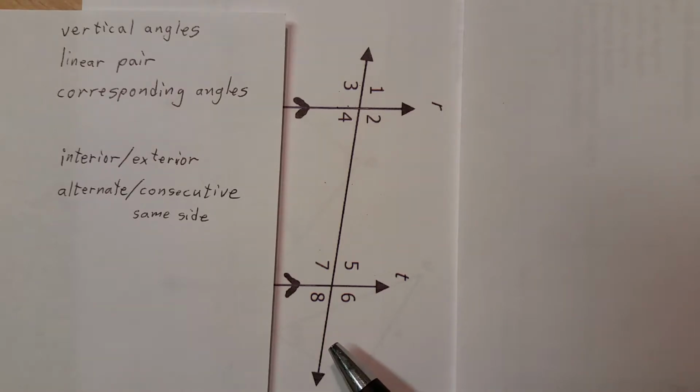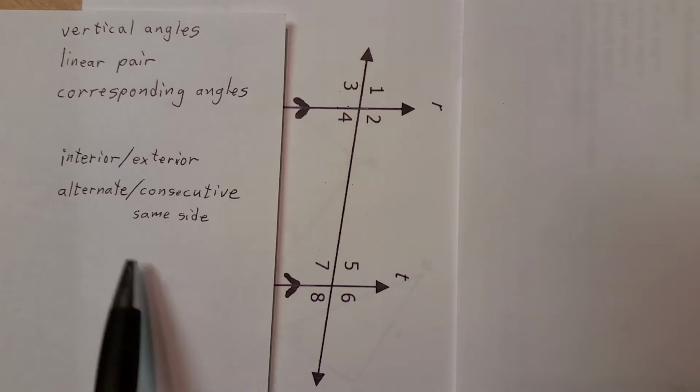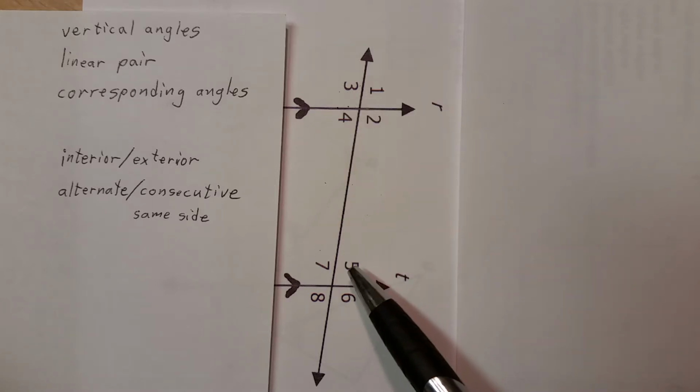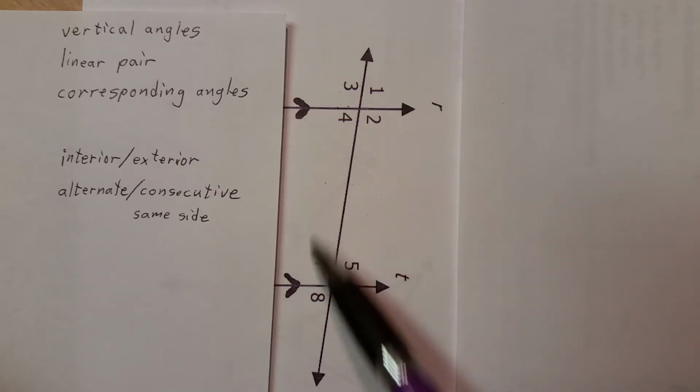All of the alternate angles are congruent to one another. All of the consecutive or same side angles are supplementary to each other. That is, if these lines are parallel. And there's only one set of angles that doesn't have a special designation, and an example of that would be angle 3 and angle 5, because it's like a linear pair of the consecutive angle.